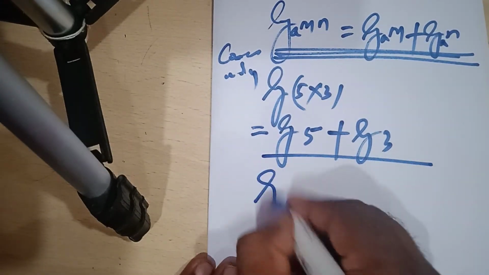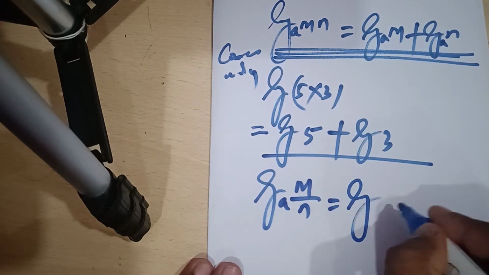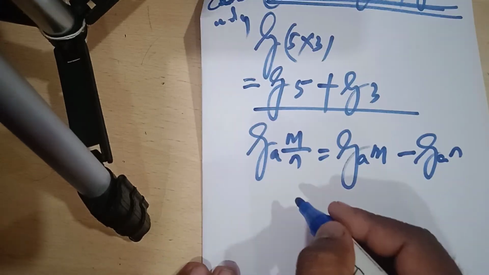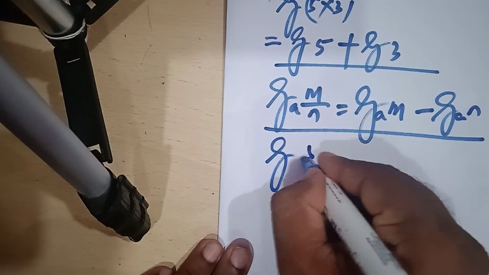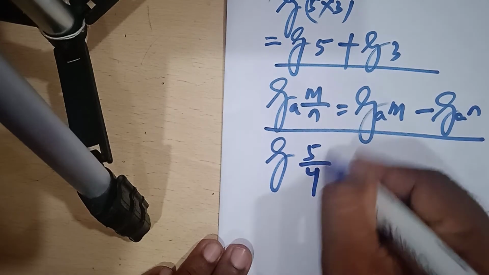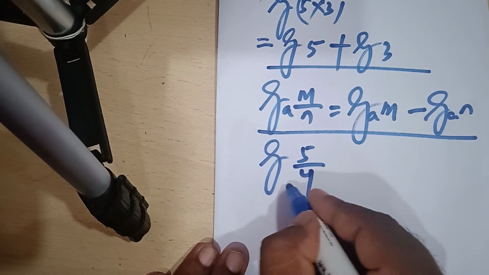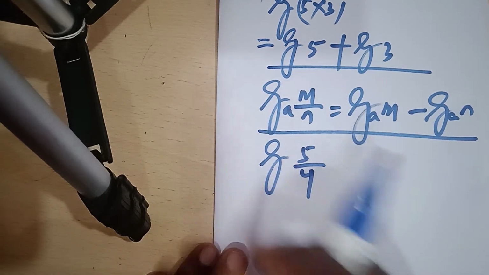Again, log m by n to the base a is equal to log m to the base a minus log n to the base a. This is the division rule. Example, log of 5 divided by 4. Here no base is written, so it is a case of common logarithm. Here the base is 10, so there is no need to write base 10.